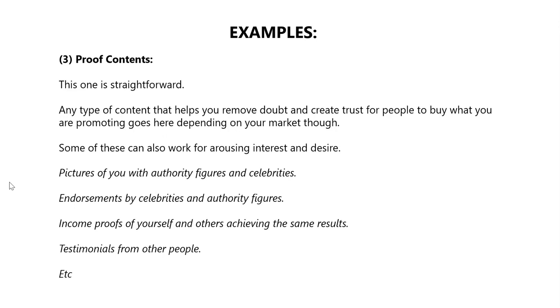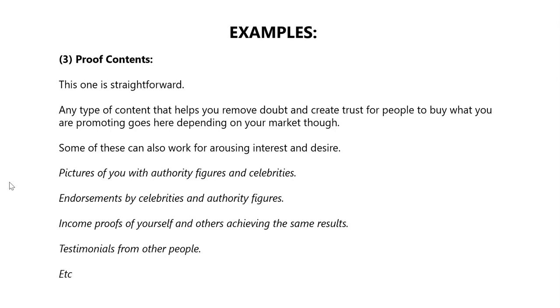Then the next type of WhatsApp marketing content is content that helps you build credibility. And this one is just straightforward. Any type of content that helps you remove doubts and create trust for people to buy what you are promoting goes here. It depends on your market anyway. Some of these can also work for arousing interest and desire, like I talked about earlier.